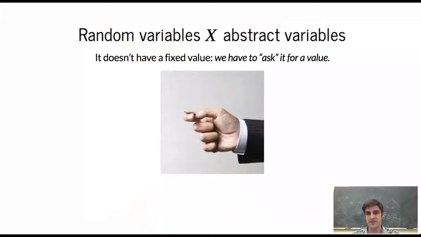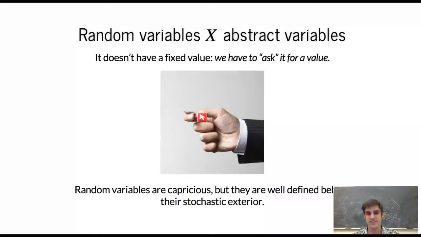Random variables don't have a fixed value. You can't just say, big X, what is your value? And it would say in some hipster nasal voice, like, I don't have a value. You have to ask me for a value. So you ask this random variable for a value, and this hand flips the coin, and you get a value. So they're capricious. They don't have a fixed value. You can't nail them down, but they are well defined.